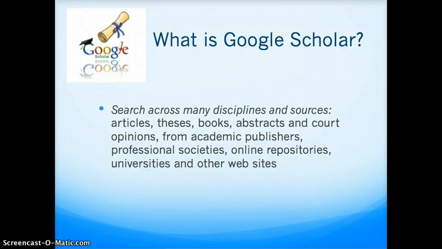Again, you can search across many disciplines and many sources. It includes abstracts, even things like court opinions from academic publishers, professional societies, from universities, as well as just from other websites. So it really is all encompassing in the realm of research and finding good sources for what you're working on.